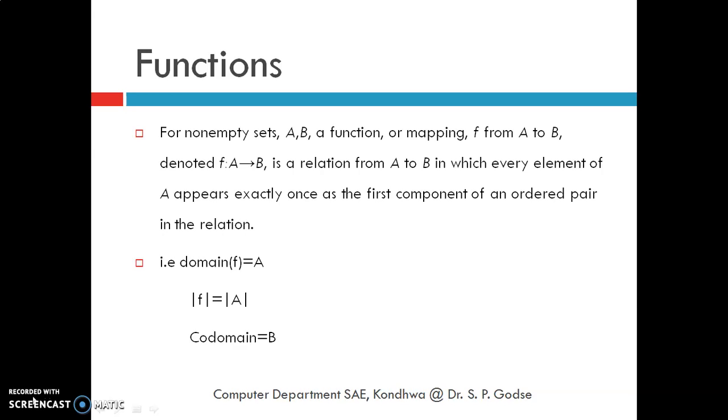Whatever inputs we take from the set A is called the domain set, and whatever outputs we get after putting the values of x into the function is the codomain set. So domain of f is equal to A, cardinality of the domain is equal to cardinality of A, and codomain is equal to B.